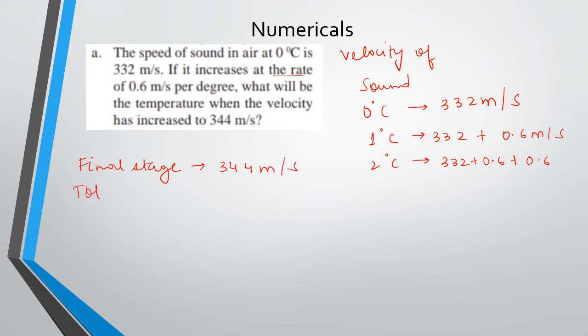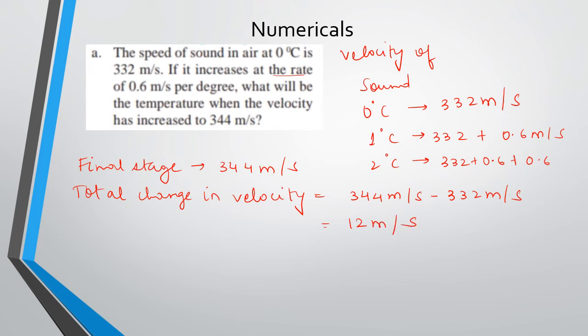So what would be the total change in the velocity? The total change in the velocity would be the final, 344 meter per second, minus 332 meter per second, which is the initial value at 0 degrees Celsius. That comes to 12 meter per second. Now we have to calculate the temperature.